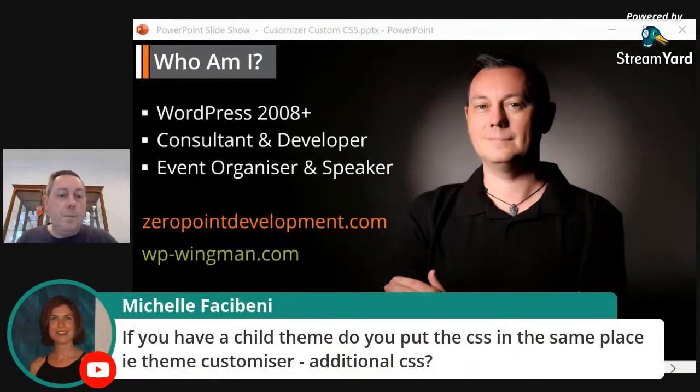Michelle asks, if you have a child theme, do you put the CSS in the same place, i.e. theme customizer, additional CSS? Yes, you can do that. When you have a theme activated within WordPress, you go into Appearance and Themes, and everything you do in the customizer will save towards that theme. So if you've got your child theme activated, all the stuff you put in additional CSS and publish will be saved in the database against that child theme.